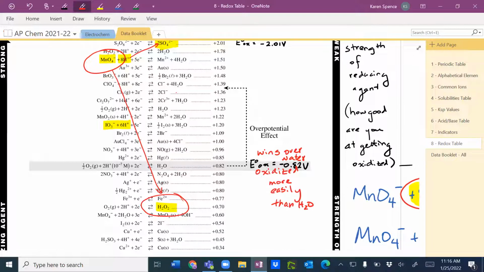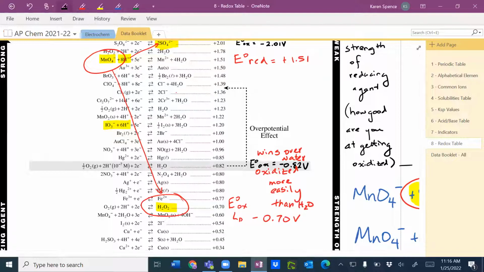You can see it goes downhill, but if you didn't have the downhill, you could use the fact that E naught of reduction is positive 1.51 and E naught of the oxidation of H2O2 is negative 0.70 volts.